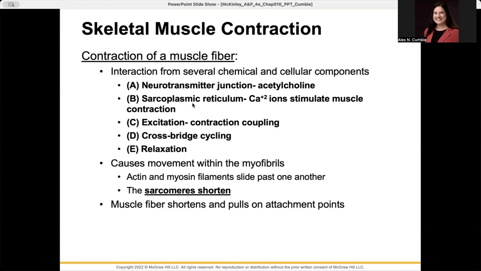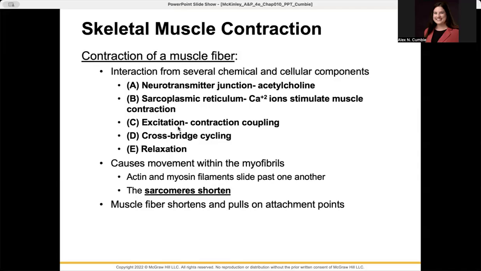We then move to the next step where we activate the sarcoplasmic reticulum. If you remember from a couple slides ago, that is a structure within the muscle fiber that is similar to the smooth endoplasmic reticulum, but instead of storing lipids and processing those, it's storing calcium and either releasing it or storing it for later.